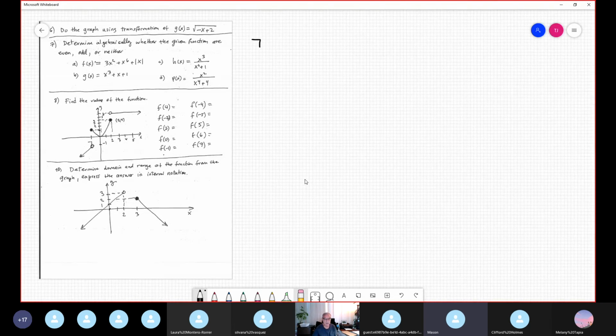Wow, it's easy. Determine, so we have a collection of different functions. The first one is 3x squared plus x to the 6th power plus absolute value. The second is g equal to x cubed plus x plus 1.